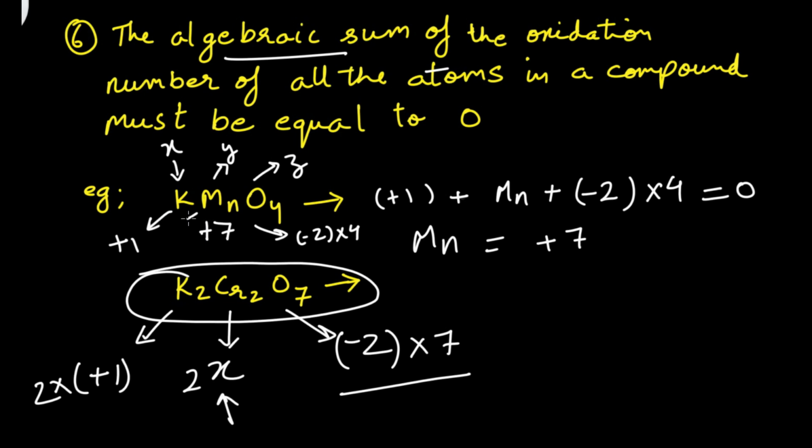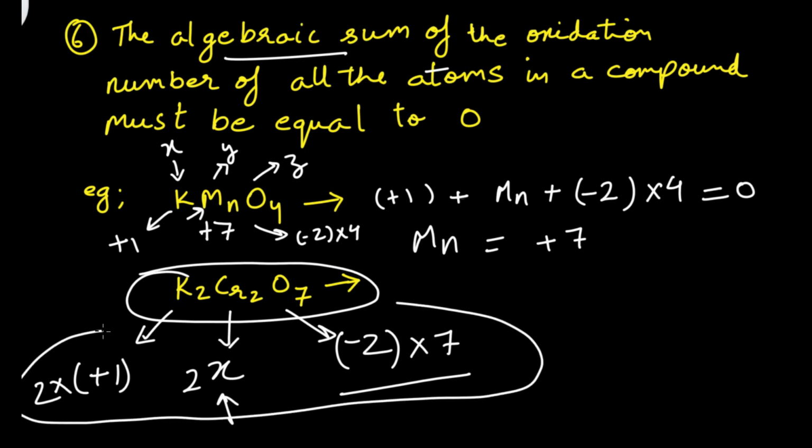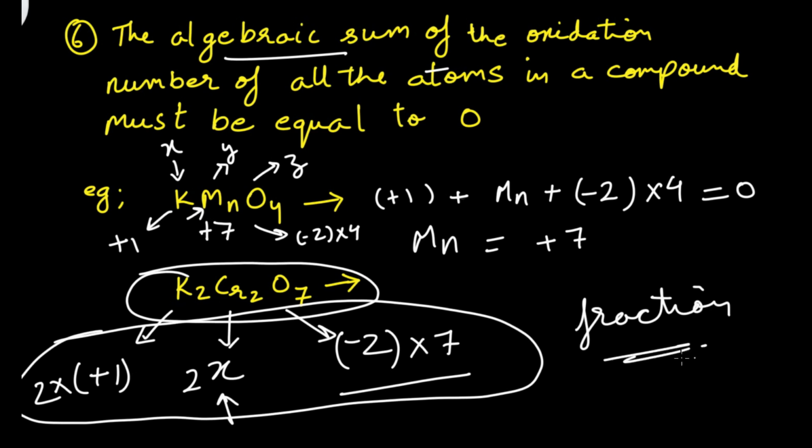In this case, we are finding for manganese and chromium. We will also talk about paradox oxidation number, where the oxidation number will be in fraction. When you solve using this formula, you will find that the oxidation number is in fraction, right? We will talk about that also in the coming videos.